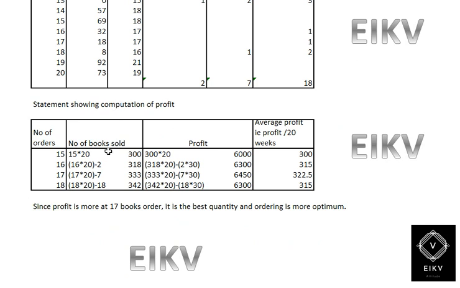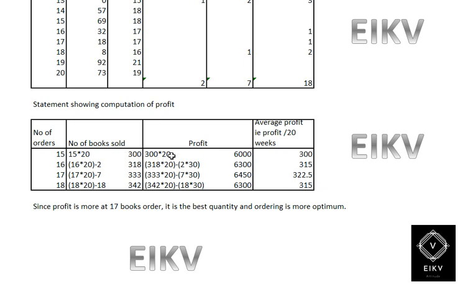In the first order we have 15 orders, therefore 15 into 20, so 20 is the period, the sale which we have. 15 is the book demand, therefore 15 into 20 periods, therefore you will get 300.